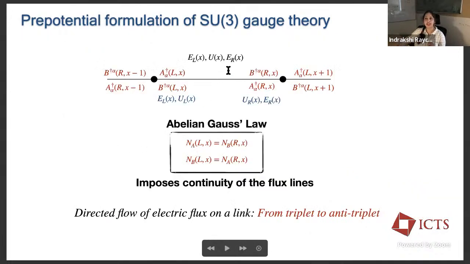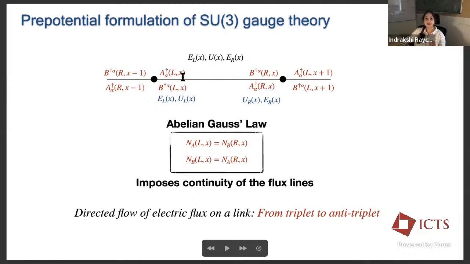So if you now look at the ingredients, as I have mentioned earlier, the original variables were the left electric field, right electric field, and the link operator. Now, instead of that, you have a pair of Schwinger boson triplet and anti-triplet, the 3 and 3-star representations. And they are defined on the same end of the link, one set for the left end, another set for the right end for each of the links.